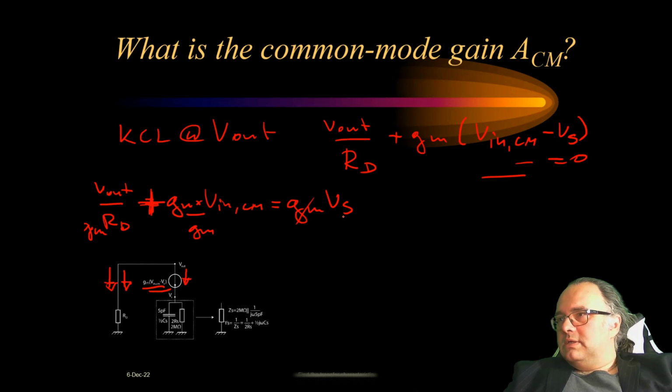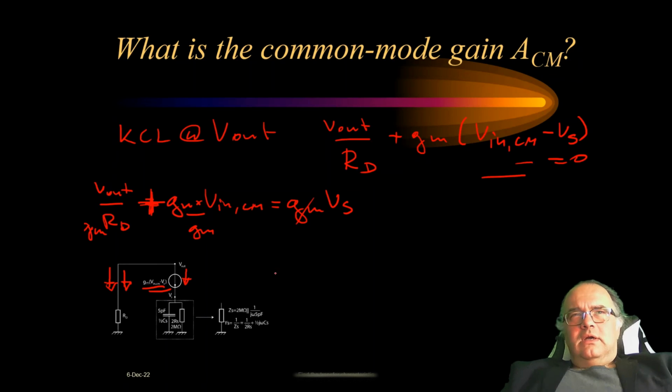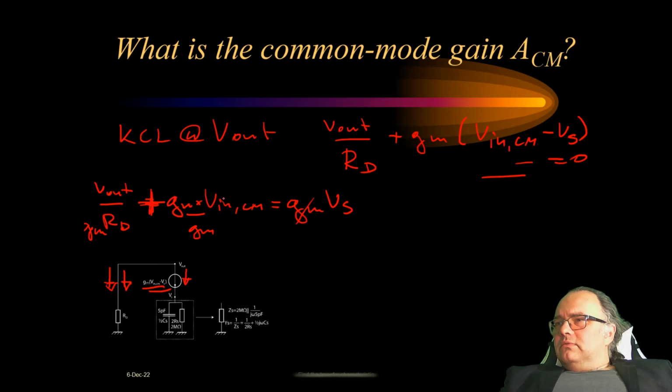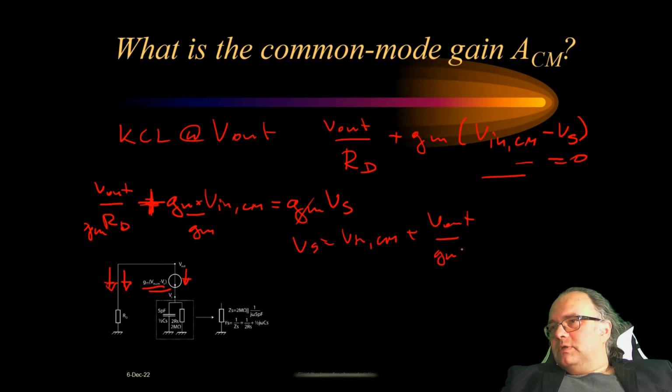Now I have an expression for Vs, which is that Vs is equal to V in common mode plus V out divided by GM RD.